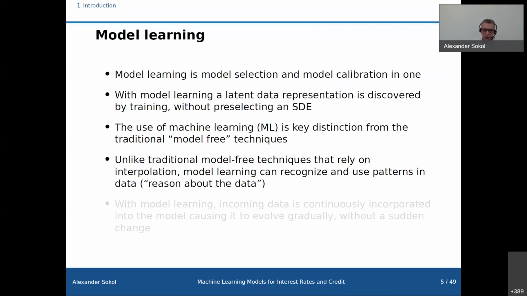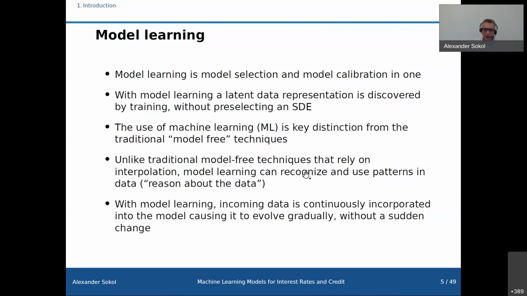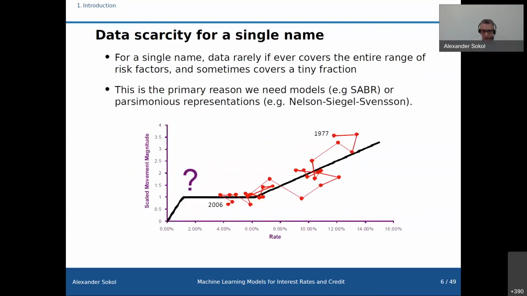All right, so now with model learning, the incoming data is continuously incorporated and allows the model to evolve gradually without a sudden change. Now, the problem that we normally have, both for valuation and risk, in interest rates and in credit, is data scarcity for a single name. What is the name? The name is currency, country, credit spread.